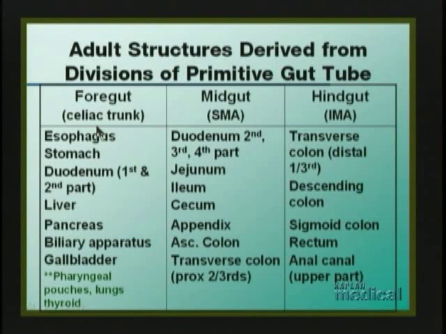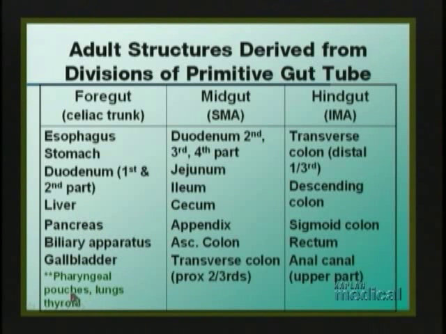And you can see that that is based on blood supply: celiac, superior mesenteric, and inferior mesenteric. And so here are the organs in the abdomen derived from foregut, and that's going to be the esophagus and the stomach and part of the duodenum, and some structures that evaginate from that part of the gut tube: liver, pancreas, biliary duct system, and so forth.